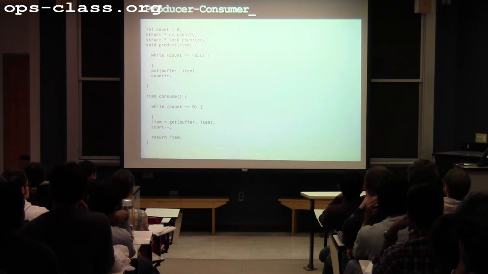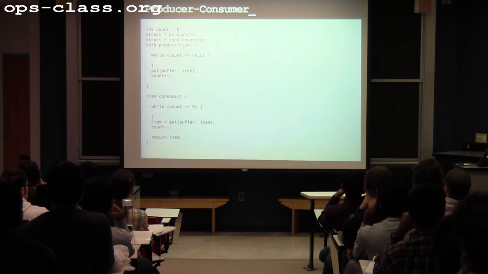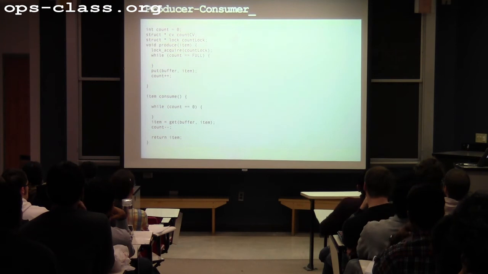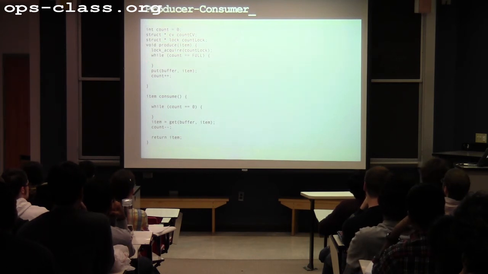So before, up here in the producer, what do I need to fill in here? What do I need to do before I check the count for sure? Yeah, before I check the count, I have to acquire the lock, right? If I don't do this, what could happen is I could check the count, it could be full, and I could go to sleep or wait.